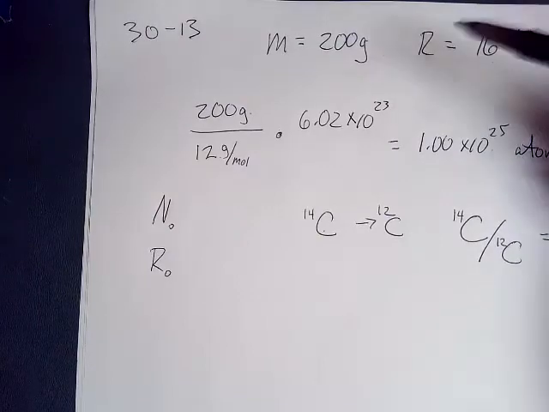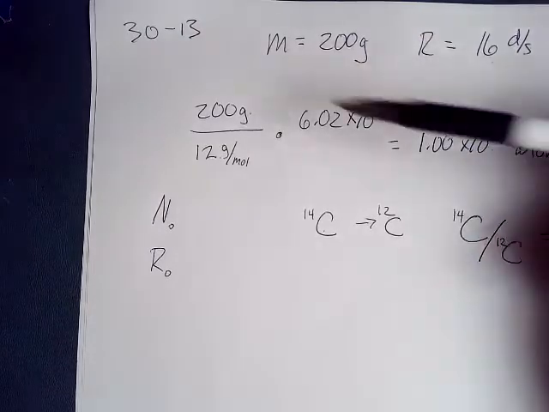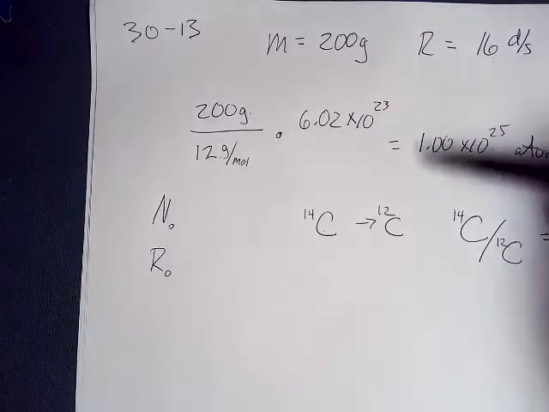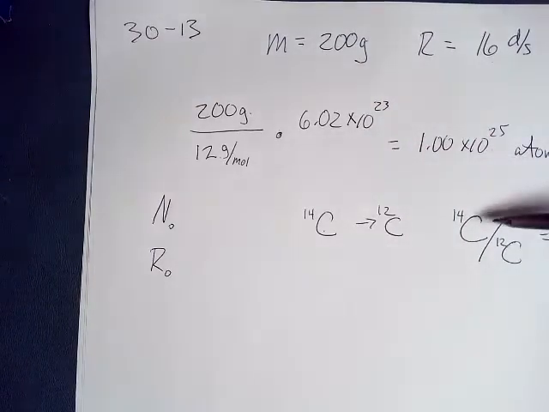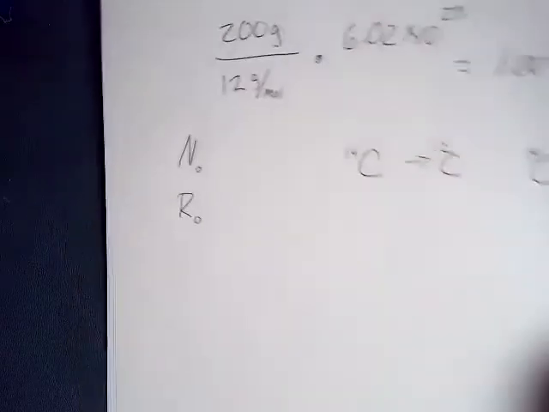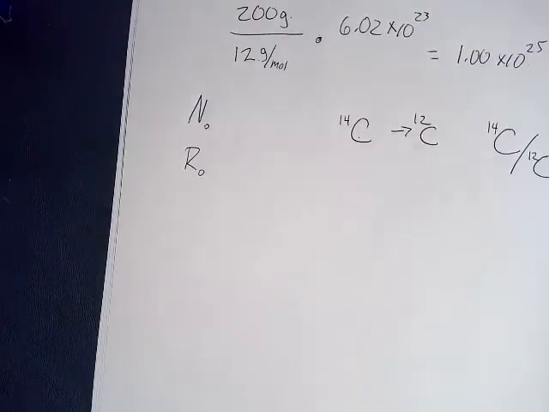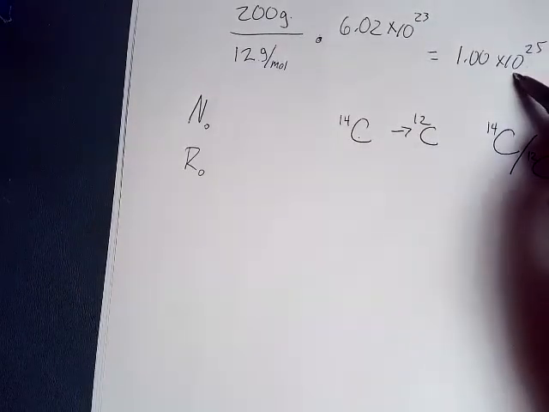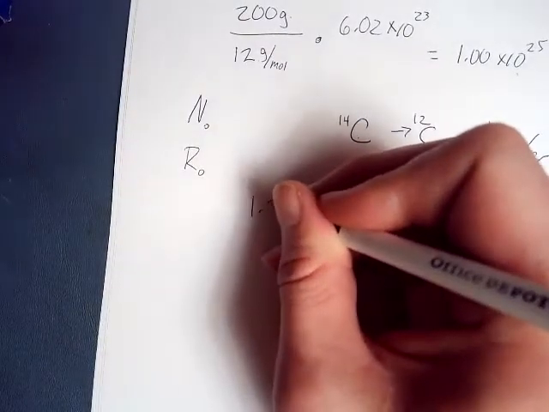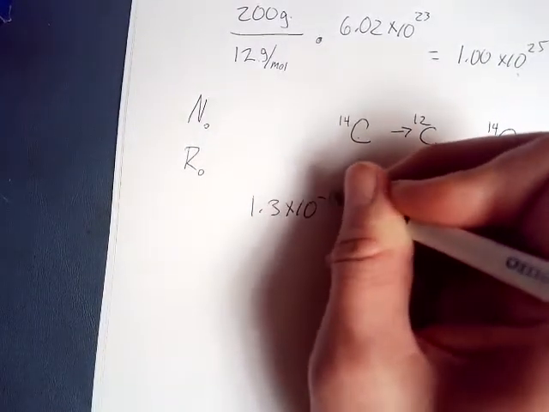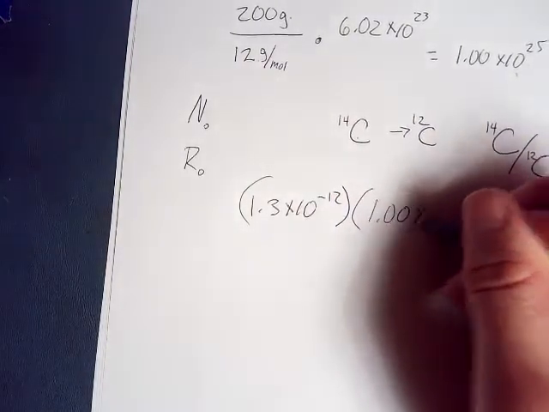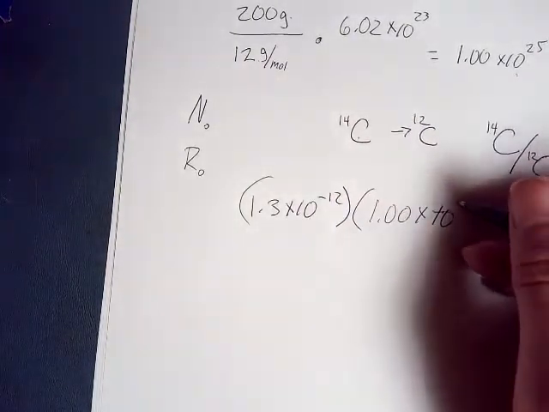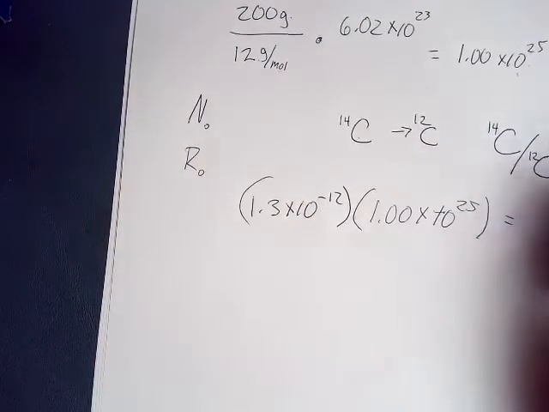So every trillionth carbon atom is a C14 instead of a C12. Now this number of atoms is not going away in the mass, as it's just changing from one form of carbon to another. So the original number of C14 atoms is the ratio times the total number of atoms. 10 to the 25th. So let's do that.